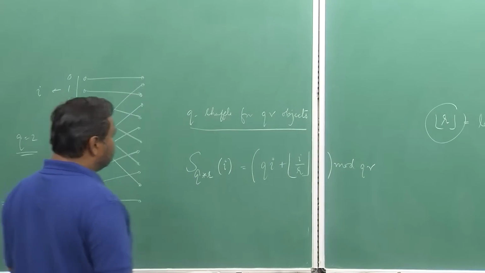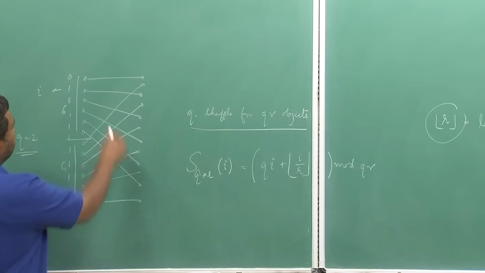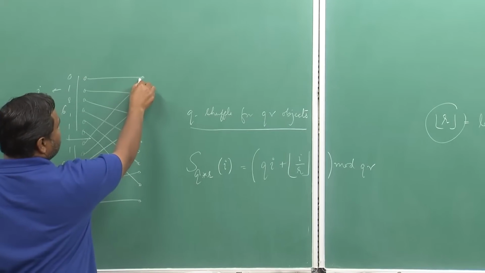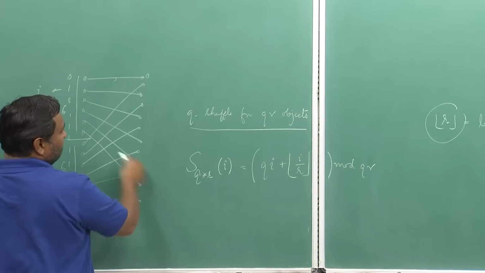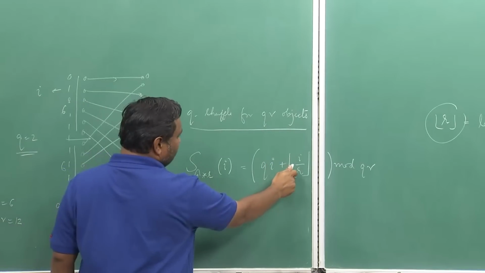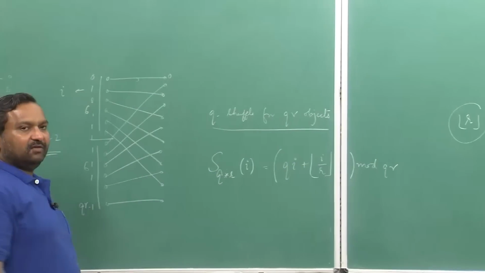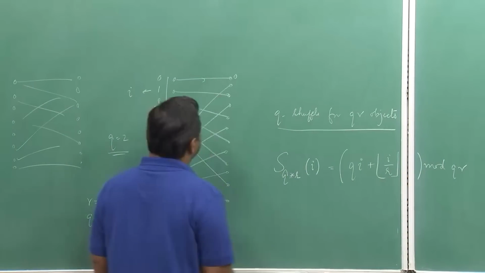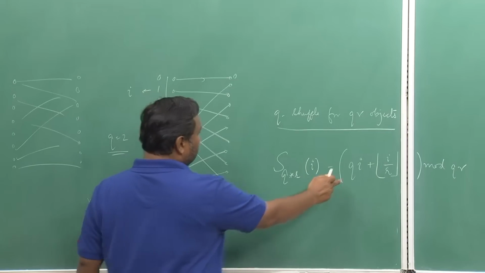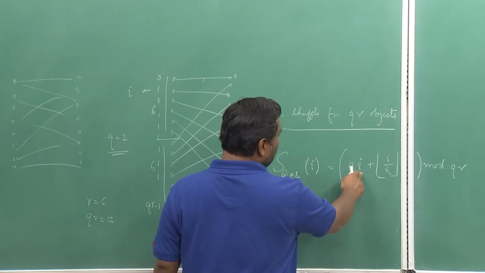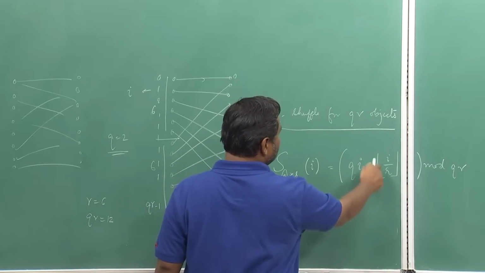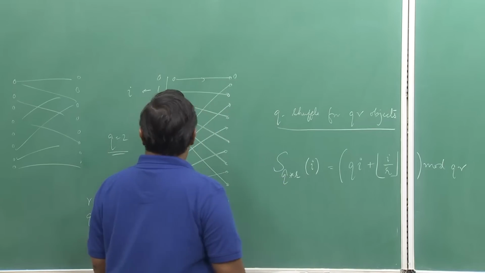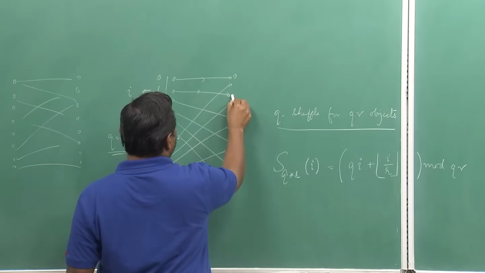So if I do this, 0 into 2 will give me 0, so I am connecting to 0. 0 divided by R, R is 6 here, the floor function is also 0, and modulo QR. If I take i equal to 1, 1 into 2 gives me 2, and 1 by 6 floor gives me 0, so 1 is connected to 2.